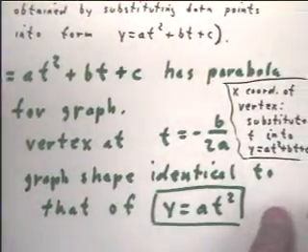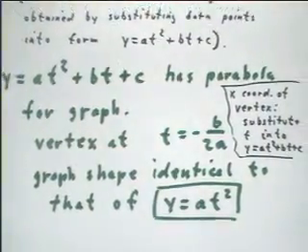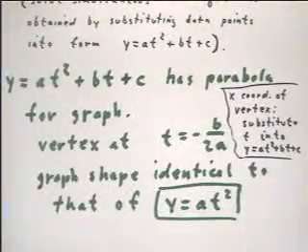Now, the function y equals at squared plus bt plus c has a graph in the form of a parabola.